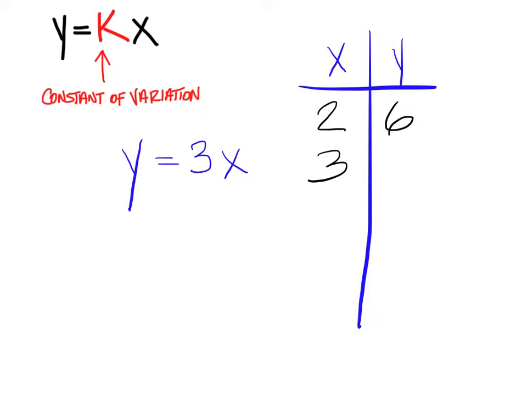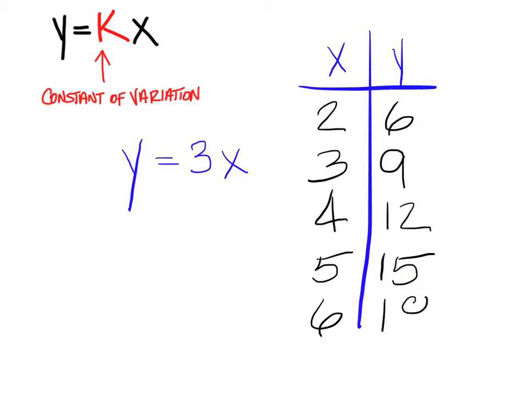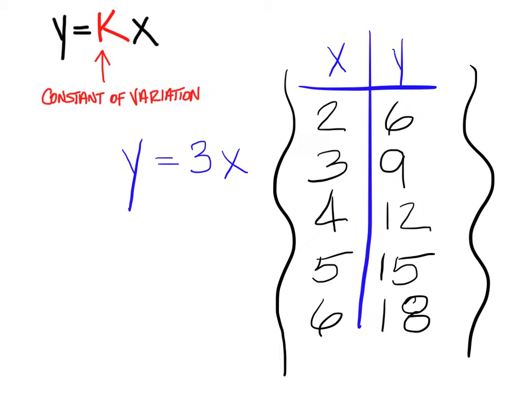What if I put a 3 in, what do I get back? 9. If I put a 4 in, I'll get a 12. Put a 5 in, 15, 6, I'll get an 18. So that direct variation creates a table of values or ordered pairs that are consistent all the way through.